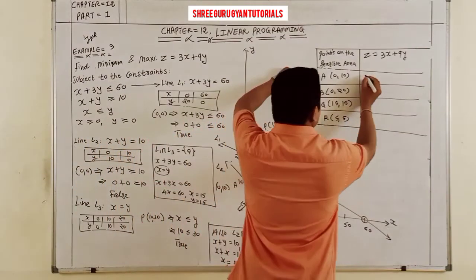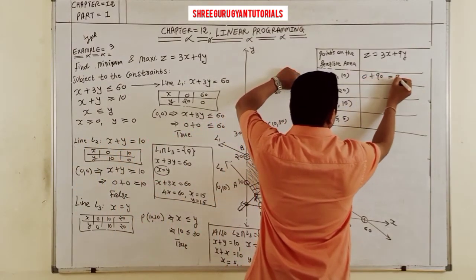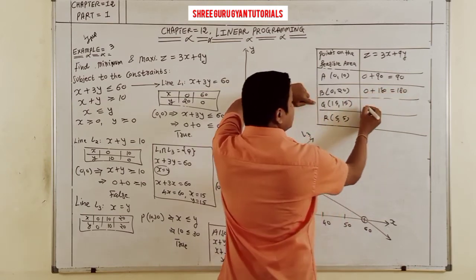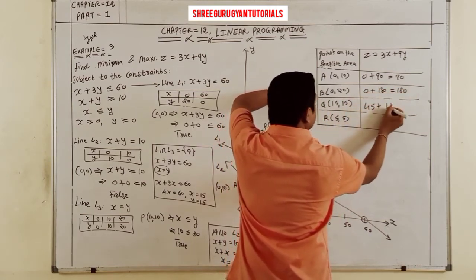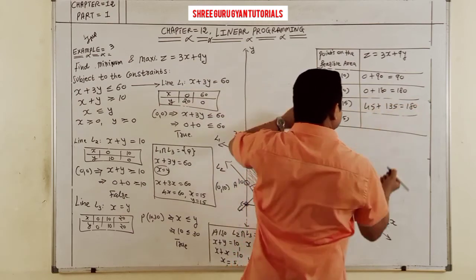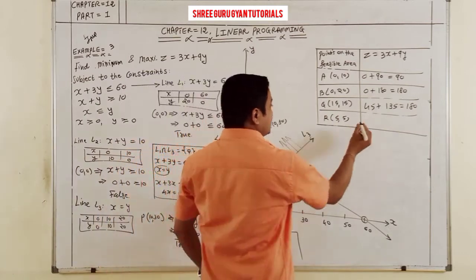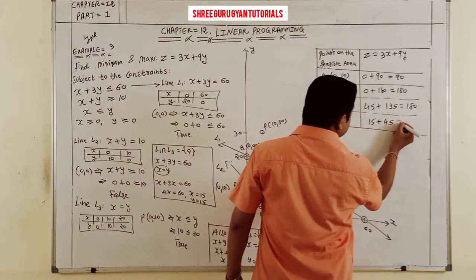At (0, 20): 9 times 20 is 180. Next (15, 15): 15 times 3 is 45 and 15 times 9 is 135, it is 180. And at (5, 5): 5 times 3 is 15 and 9 times 5 is 45, total 60.